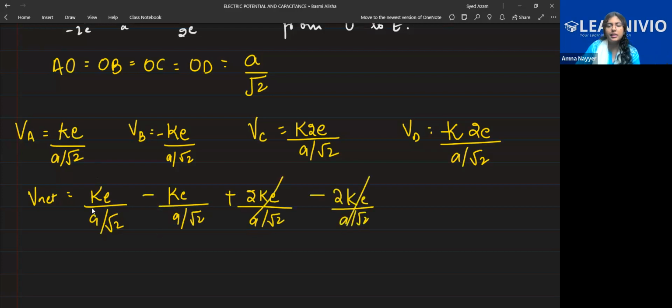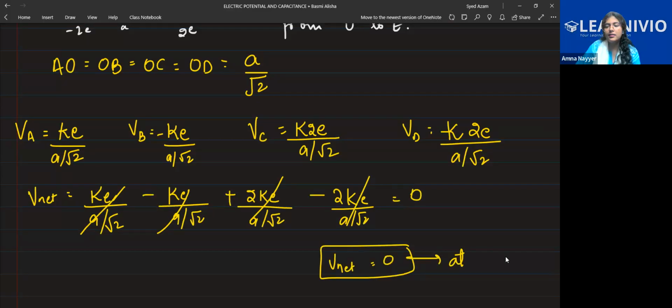This cancels this, this cancels this. So this is 0. The net potential is 0 at center O.